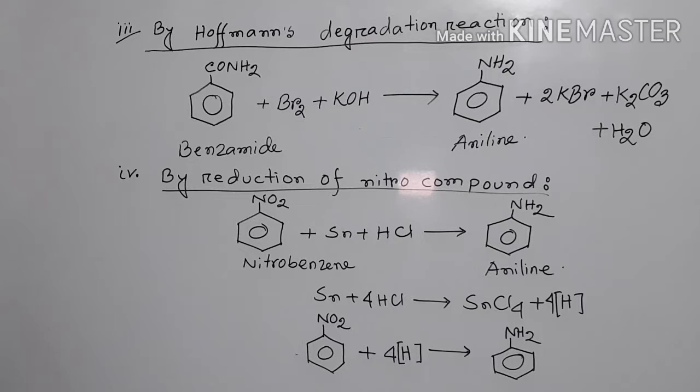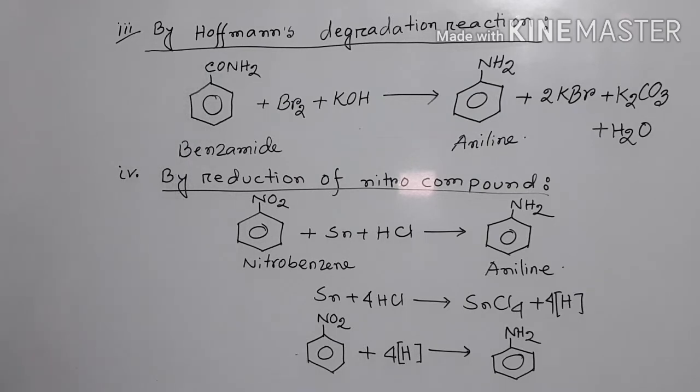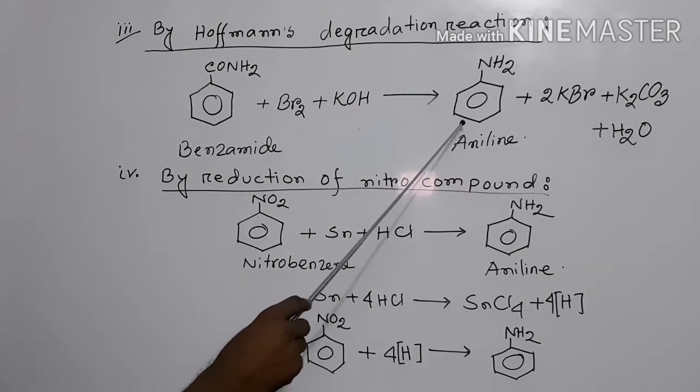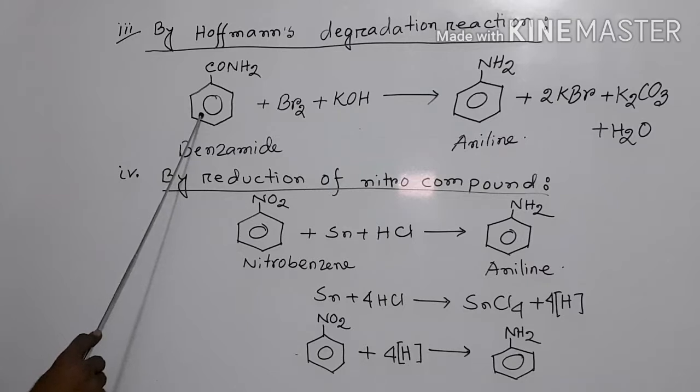This reaction is also called Hofmann rearrangement reaction. The overall reaction is the removal of carbonyl group from the amide. The product, that means aniline, contains one carbon less than the original compound.